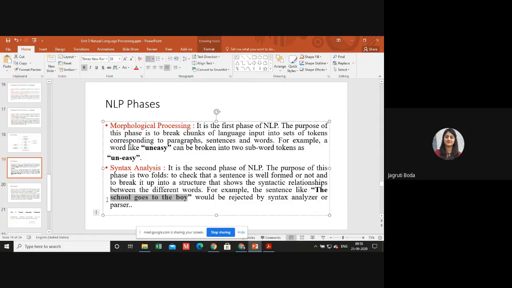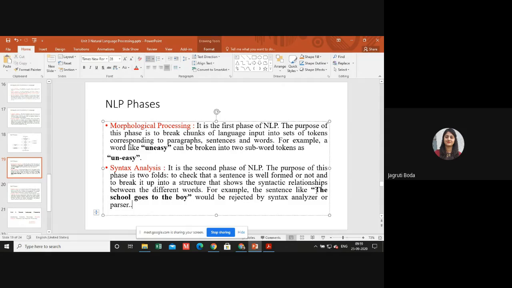Means they check the understanding and the formation of your sentence, because sometimes humans make mistakes and write the sentence wrong. So the system understands the right meaning. If it is right, then it is passed to the next level, otherwise it is rejected.